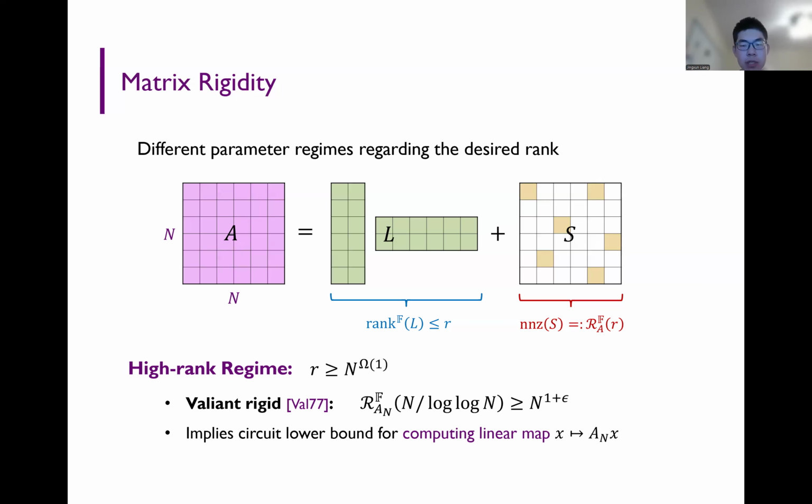Despite this importance, we currently don't know how to prove Valiant rigidity for any explicit matrix. In fact, some matrices once conjectured to be Valiant rigid have been shown not to be rigid in the last decade.